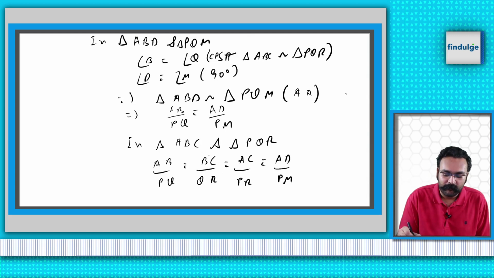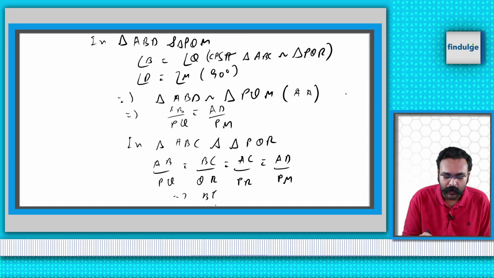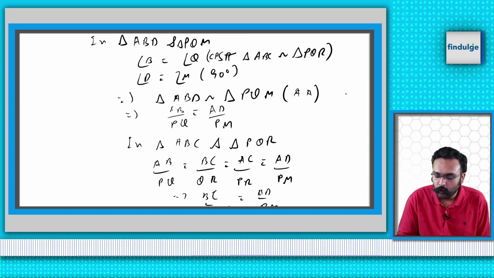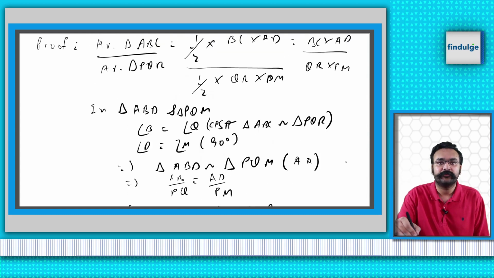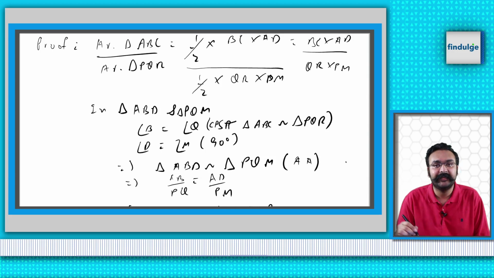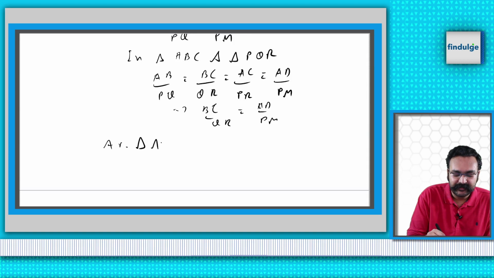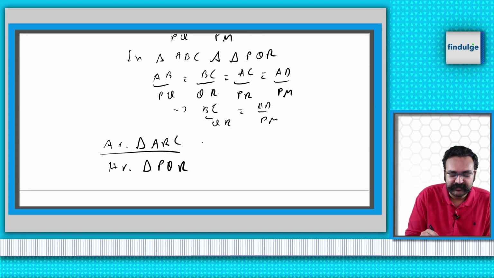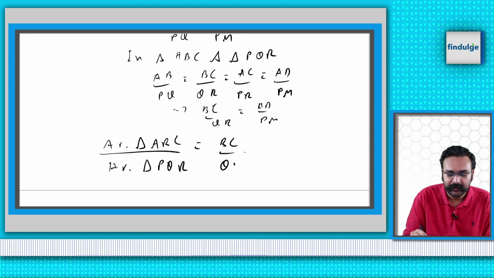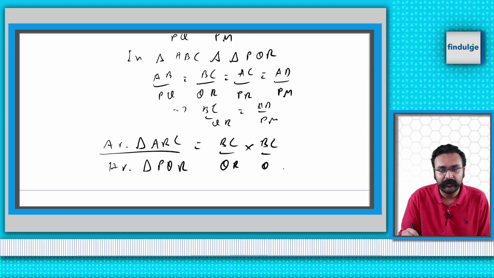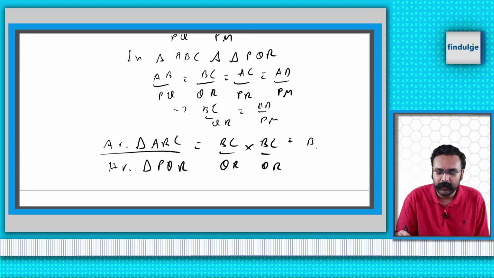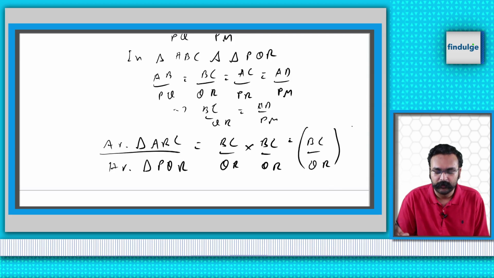That obviously means BC upon QR is equal to AD upon PM. So I am going to plug that into my formula for the ratio of the areas. I will replace AD upon PM with BC upon QR. So area of triangle ABC divided by area of triangle PQR is equal to BC upon QR into BC upon QR, which is nothing but BC upon QR whole square.